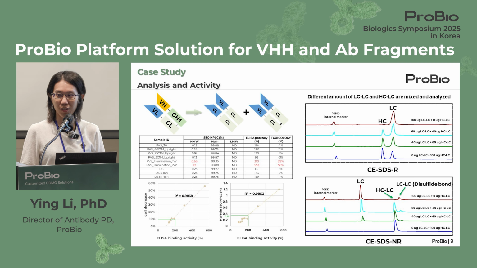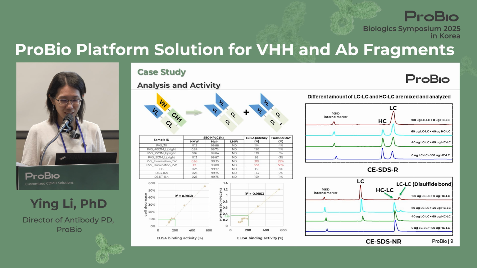And another interesting aspect about this project is how to quantify the different impurities. In this case, as I mentioned, the major impurities are the overexpressed light chain homodimers. At the end of the day, we found that CE-SDS non-reduced condition is a good way to quantify the different species, because we can isolate the light chain impurities under the SDS-NR.